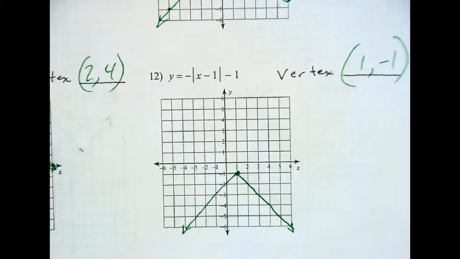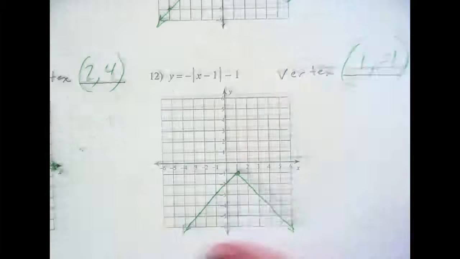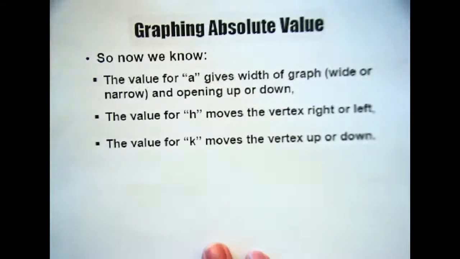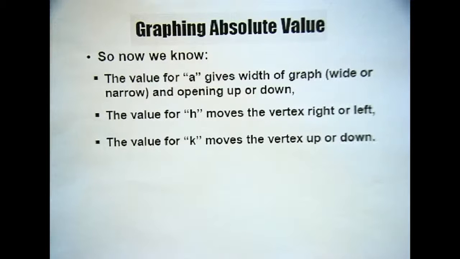All right. So summarizing what we've done. Now we should know the value for A gives the width. Okay? It tells whether it opens up or down.